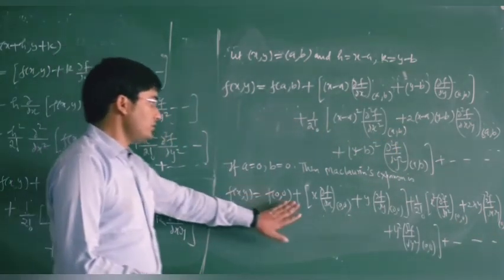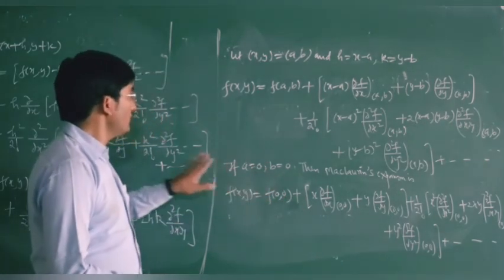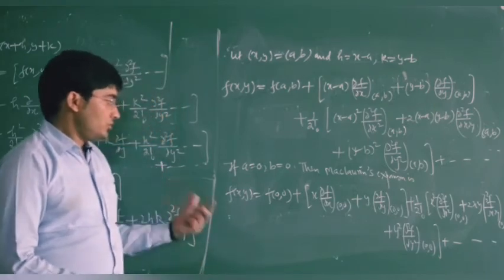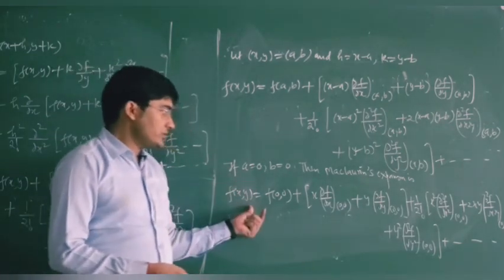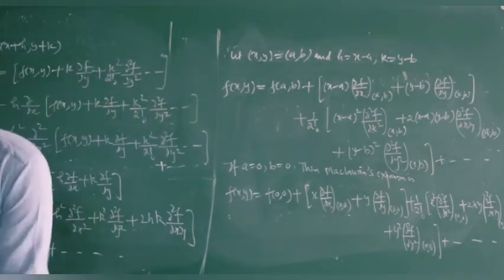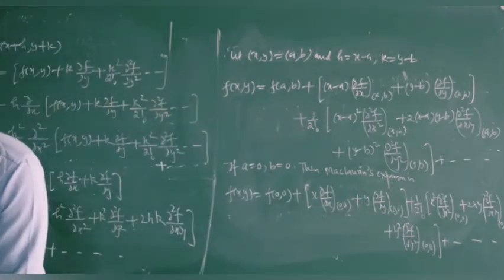So this is known as the Maclaurin expansion of f(x,y) at 0 0. That means we can say that this is your Maclaurin series in ascending powers of x and y. Now let us solve questions based on these two expansions.